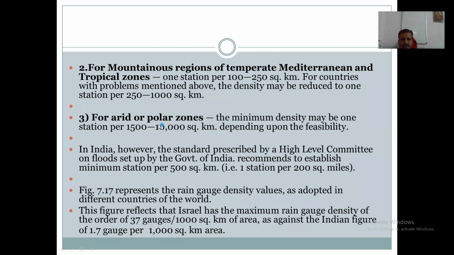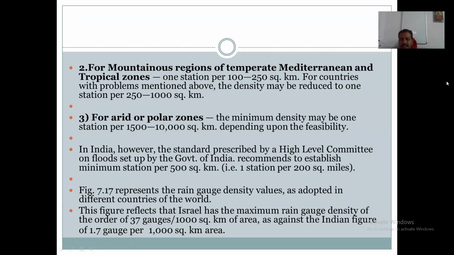And for countries which have less economy, less funds or less population and no communication facilities, in that case for 250 to 1000 square kilometer area, one station is to be provided. समजलं how these rain gauge stations are installed?